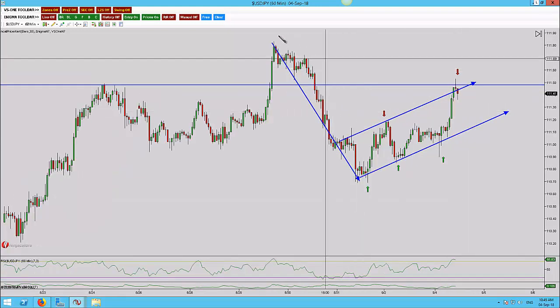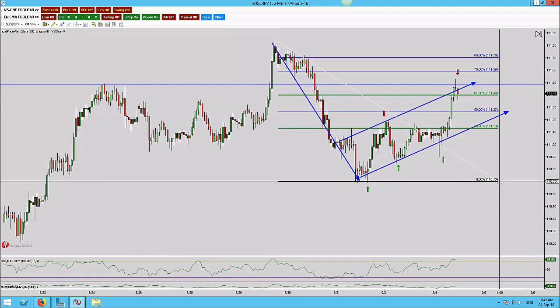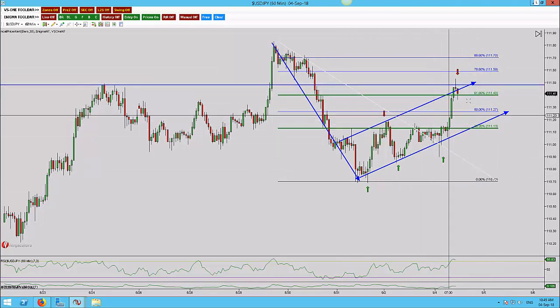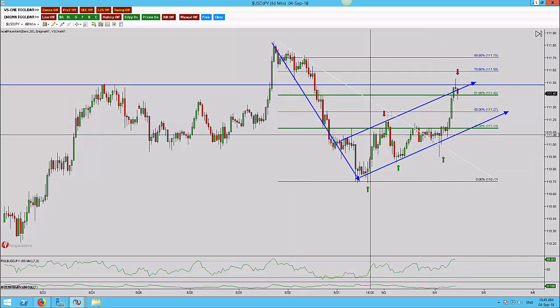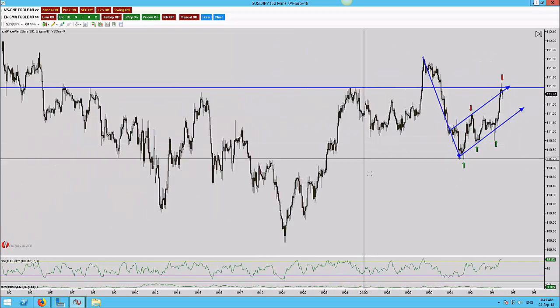And for me, for these flag patterns, this type of flag, I need a minimum of a 38.2 to be hit, and typically we will see this rally up to the 61.8 fib. We have done in this instance, and so I was able to use that as my entry.